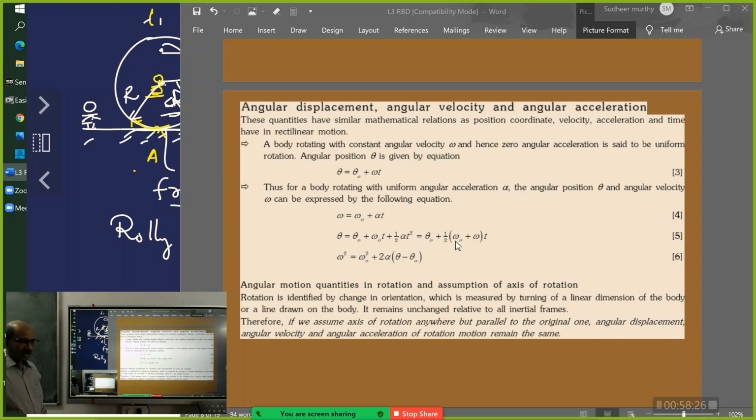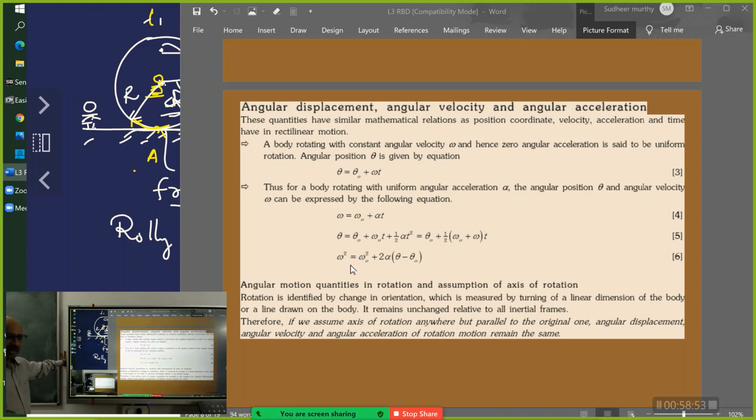The initial angular velocity at time t equal to 0, plus the velocity at time t, which we call final, and the average of this into t is another form of this equation. Average velocity into time, provided alpha is constant.